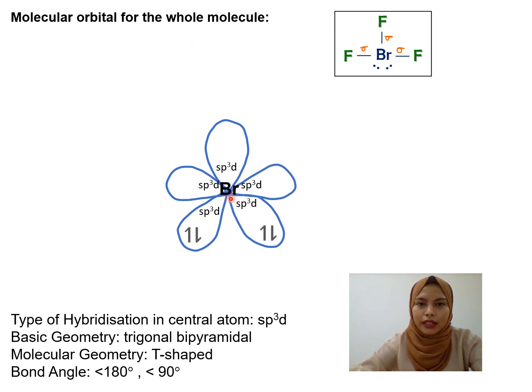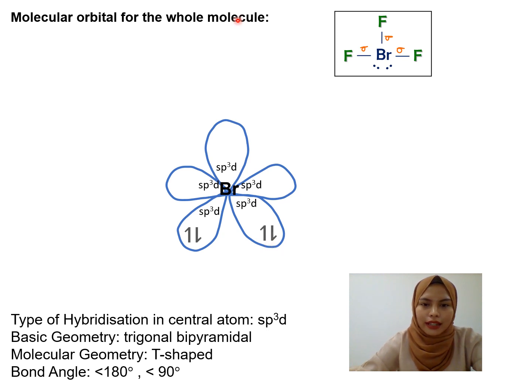Di mana you label lah Br di tengah-tengah sebab this hybrid orbital milik Br and also setiap kelopak ni adalah kelopak sp3d. Okay, and then since that dia ada 2 lone pair kat bawah tu, that's why you lukis sahaja 2 electron pairs. Okay, 2 sets of electron yang berpasangan to show that 2 set of electron yang berpasangan ni adalah lone pair.